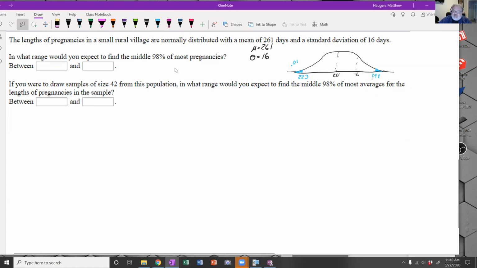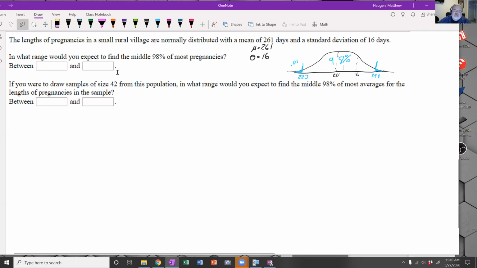So the middle 98%, so almost all of these pregnancies will fall between 223 days and 298 days. So that's the middle 98% of pregnancies. That's essentially a chapter 7 question.